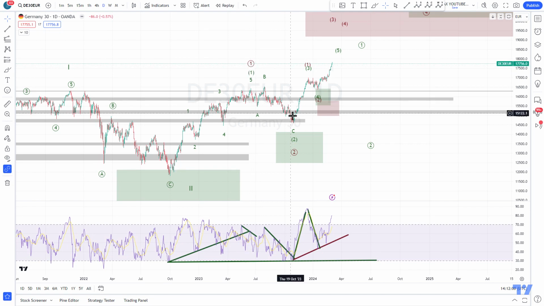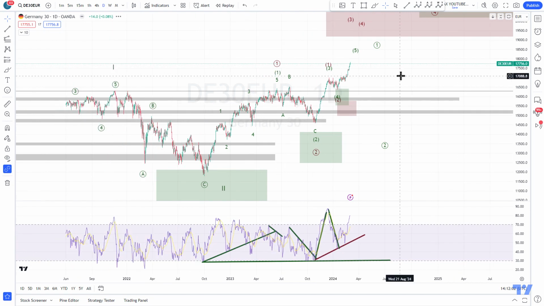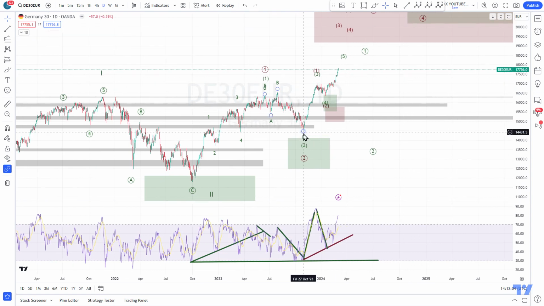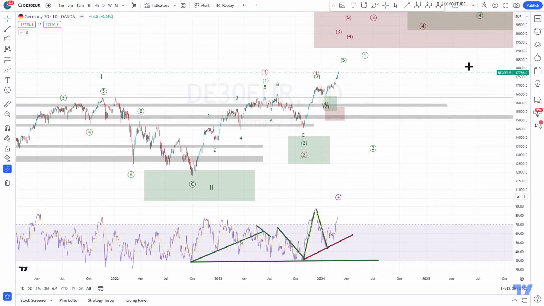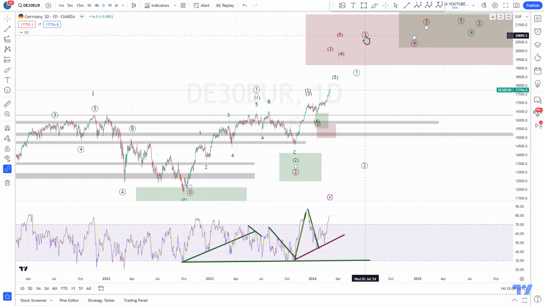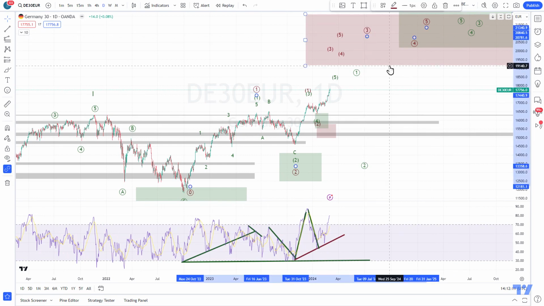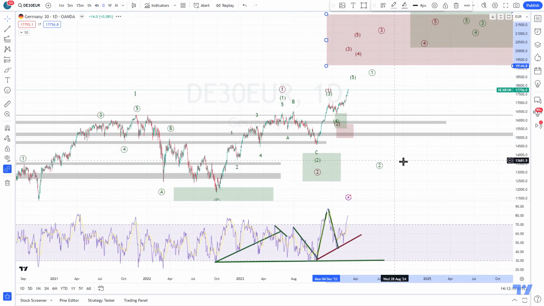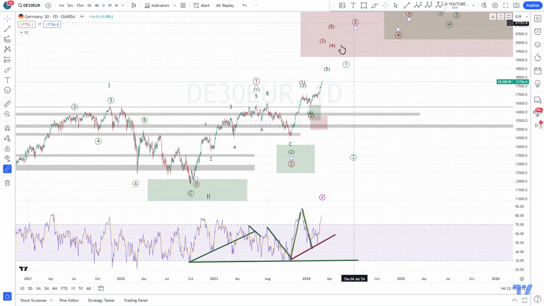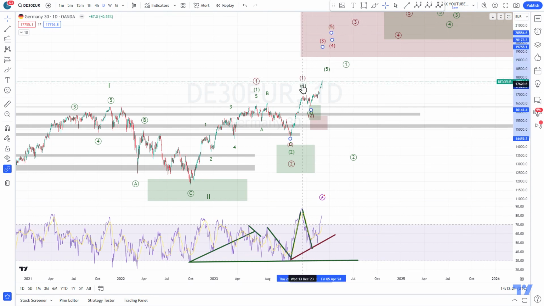So wave 1, wave 2 pullback, and then now this structure up is actually this wave 3 we are working on, with this here as a target area. And so this wave 3 should unfold in 5 waves. As you can see, here we have our wave 1. So this now is probably our wave 2.